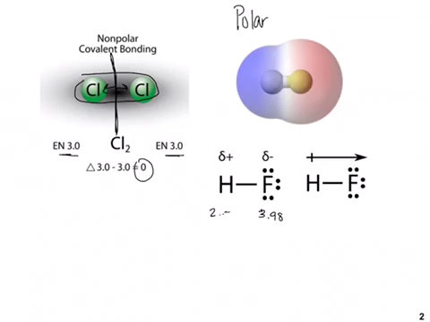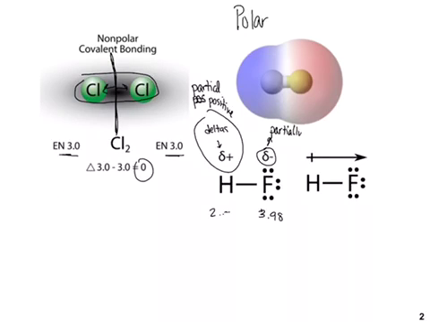And so we draw these Greek letters, they're called deltas, and we read this whole situation as partially positive, and this side would be read as partially negative. And when we look at the electronegativities, we see that fluorine has that higher electronegativity.